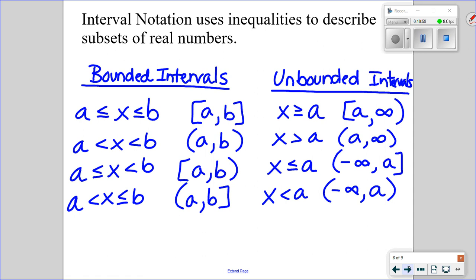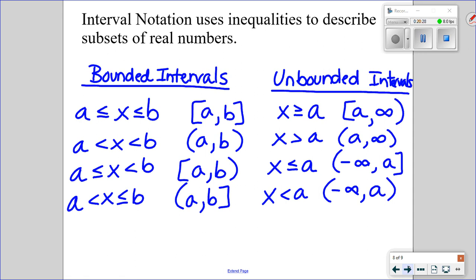And then basically the inequality continues forever in either direction. One thing that can be helpful initially, if you're not used to interval notation, is to graph the inequality on a number line. Usually when you learn about solving inequalities in algebra, you're often asked to graph the solution on a number line.